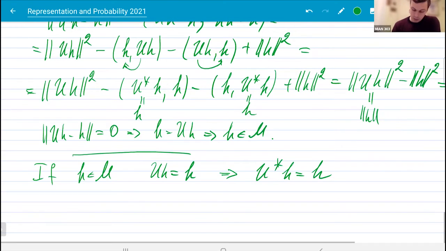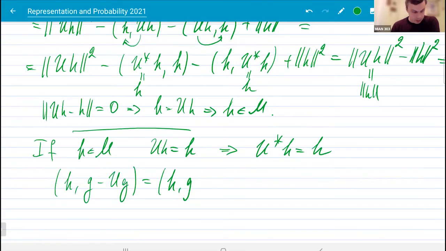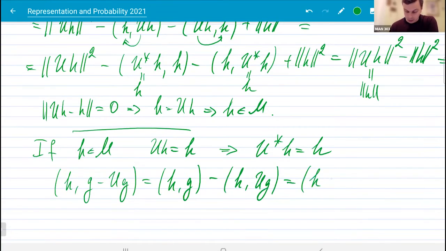And therefore, you can write it down that H, this. You can just read the previous formula backwards. So this is 0.